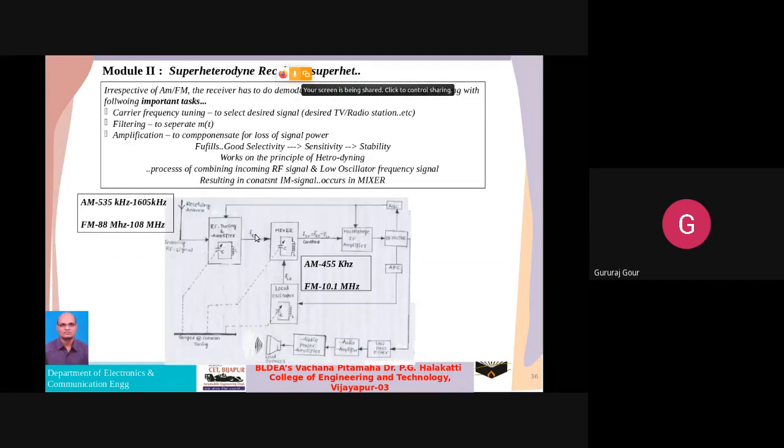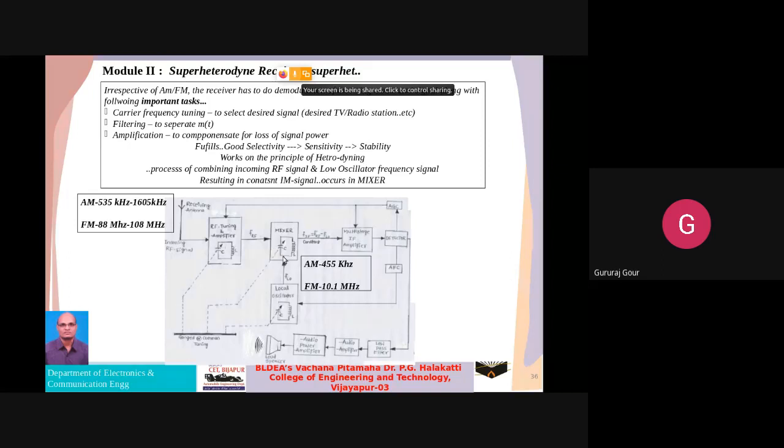So now the AM signal will be tuned, received in the RF section, and amplified to compensate for the loss of power. Then we are getting the RF signal in terms of the AM signal. In the next block, the mixer, the capacitor is already tuned proportionally as was done in the RF section.